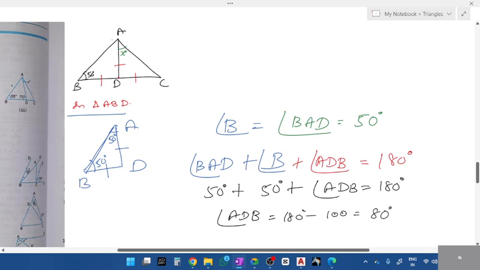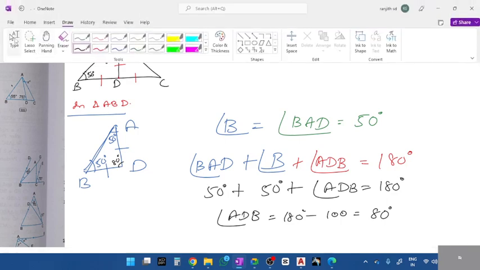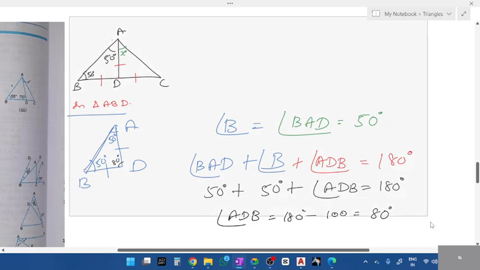Degrees. For 80. After this, I'll teach you how to answer the value to find out the values directly.